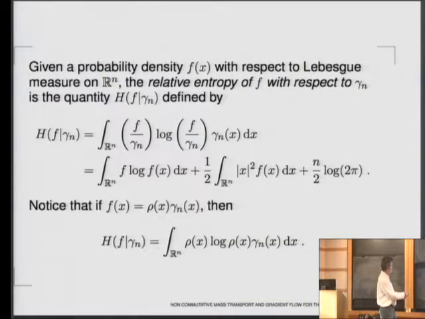It's preferable, if you think of it with Gauss measure as the reference measure, then this relative entropy is just this quantity rho log rho. And up here it's got this term in it, and this thing over here.